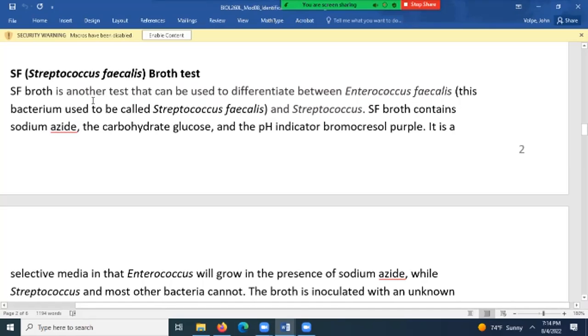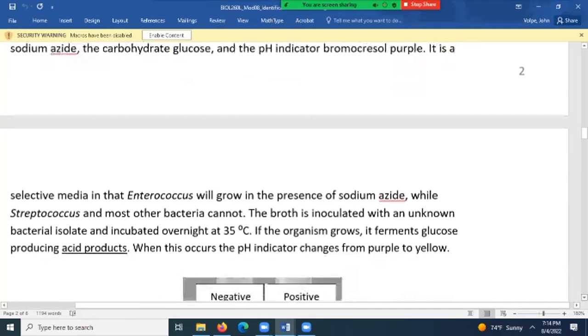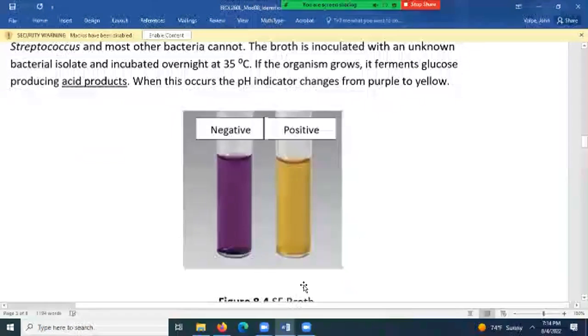Anyways, the SF broth test, which is what I'm going to call it, contains sodium azide and the carbohydrate glucose, and then a pH indicator. And it is purple in color to begin with.